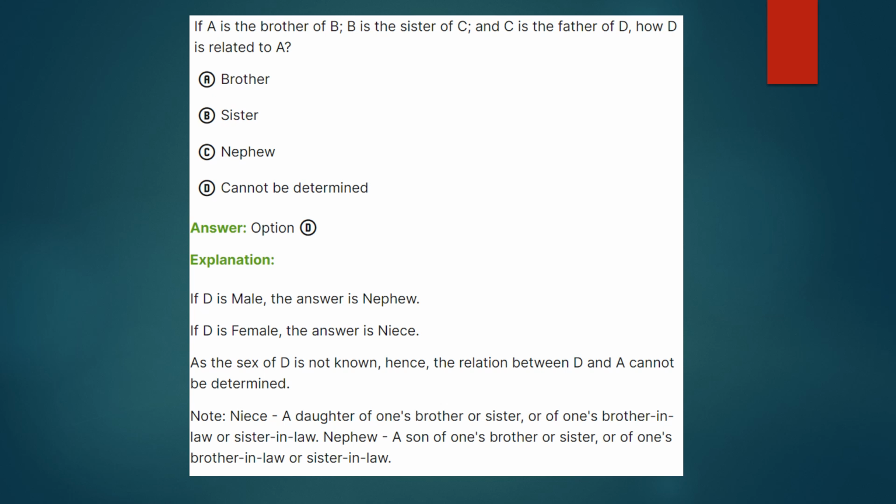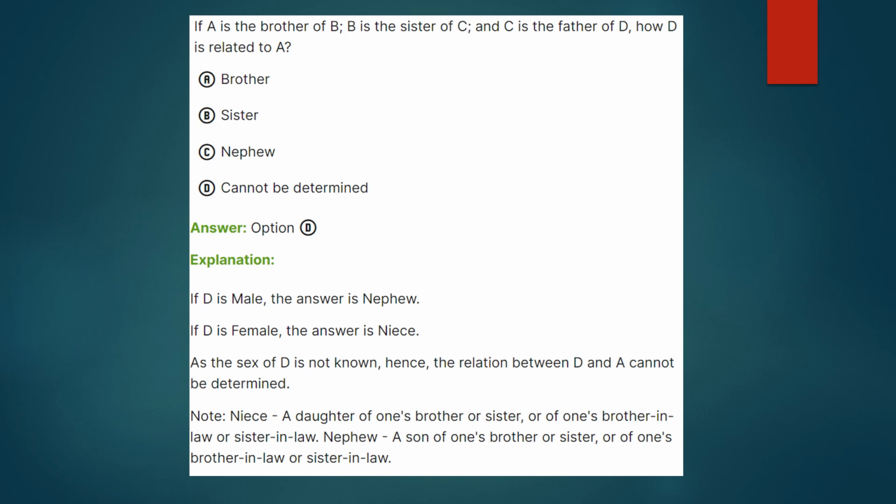But for the remaining options it will be a difficult thing. So in such cases you can solve by keeping in your mind at every stage two options. It may be a male or a female, so it depends upon the next clue which you are getting through your answers. Now see here, if D is male, the answer is nephew, right?